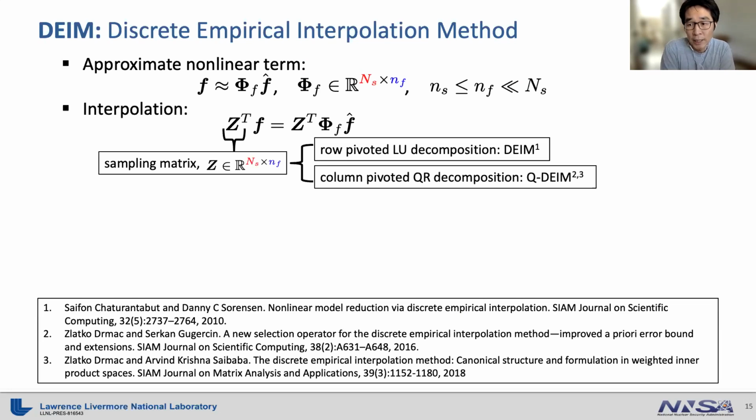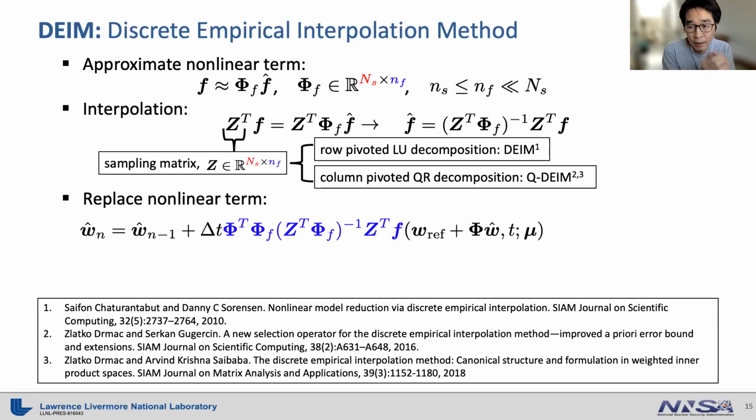Now the sampling indices of the matrix Z can be obtained through various algorithms. DEIM and QDEIM are the popular ones. And once you obtain that, the generalized coordinates for nonlinear term f hat can be obtained by solving the interpolation problem. Then you plug this expression into the reduced system of equations wherever the nonlinear term shows up.